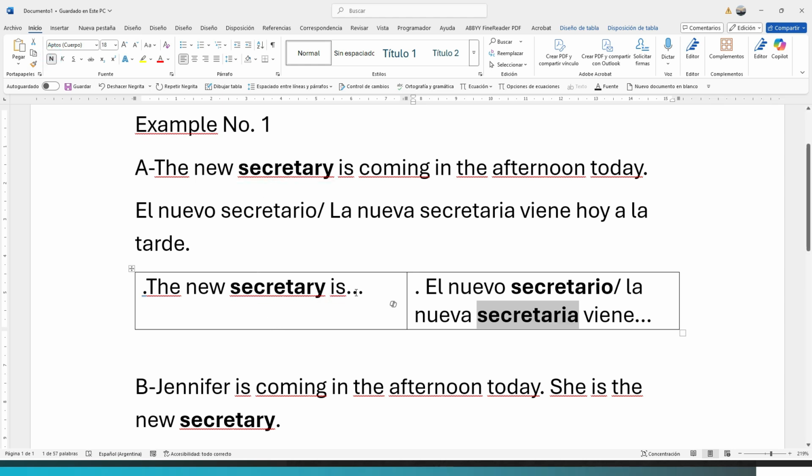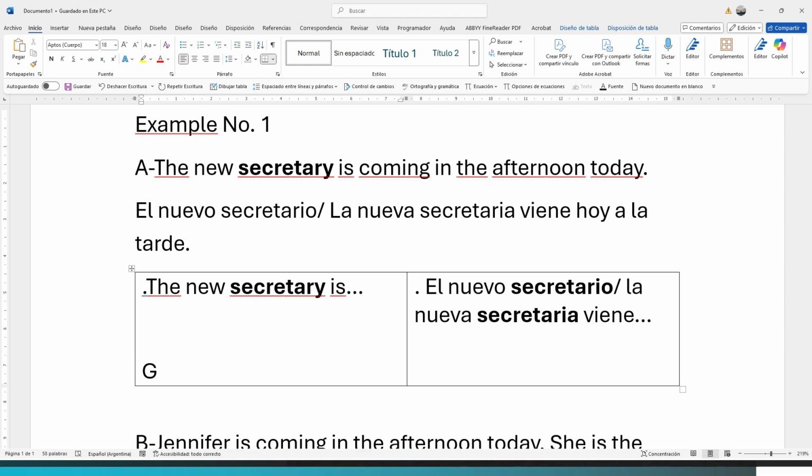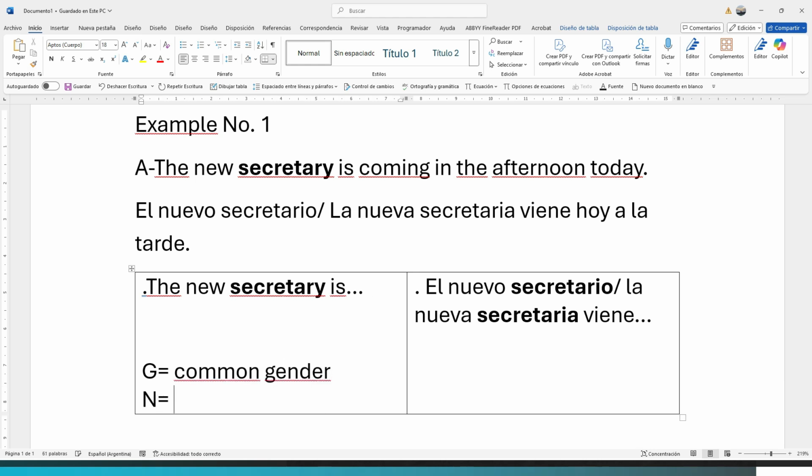Okay. In English, what kind of gender do we have? Common gender or dual gender. What kind of number? Singular number. But what happens in Spanish? We have two possibilities. Why? Because in the English text, we do not have any kind of reference as to decide in favor of one or the other gender.